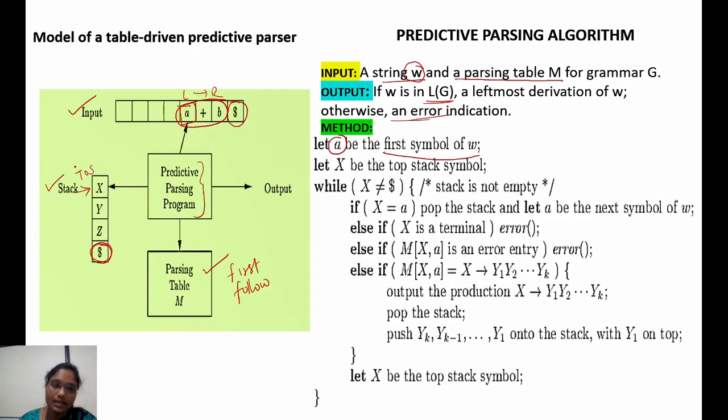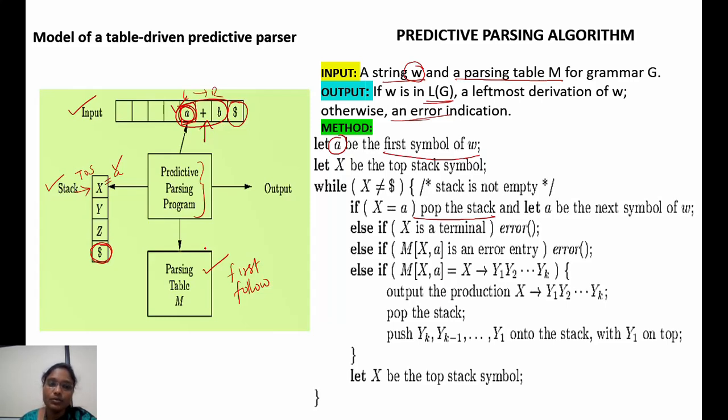If the top of the stack and the first input symbol match, that is, if X is equal to a, then the symbol we read in the input buffer and the top of the stack match. In that case, we pop that symbol from the stack, and the next symbol in the input buffer becomes our input.